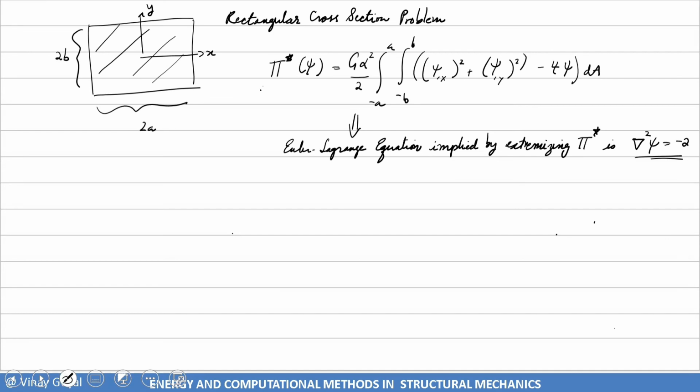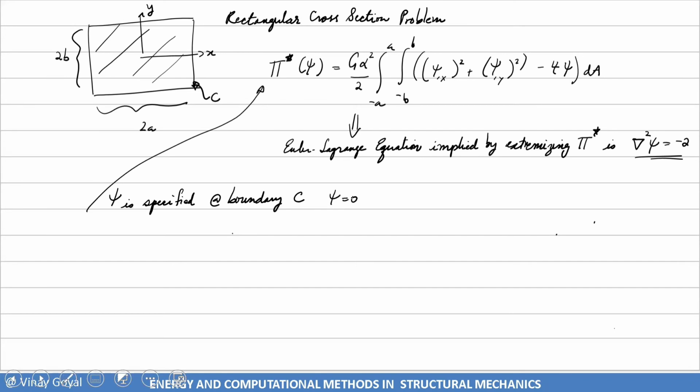I want to use an approximate solution instead. And so I'll choose an approximation function that satisfies the boundary conditions exactly. We know that the essential boundary condition in this problem is that psi is specified at the boundary. Let me call this boundary C. So psi is 0 at the boundary.